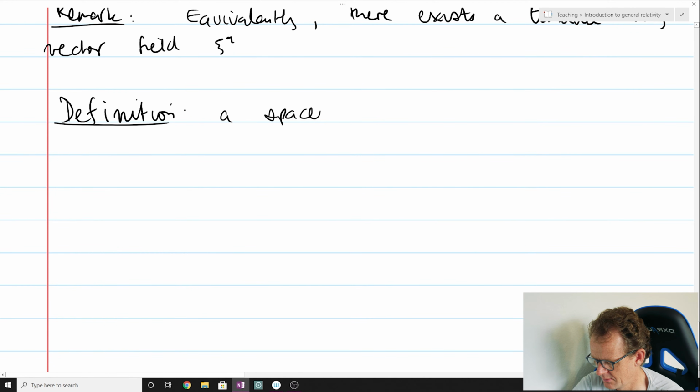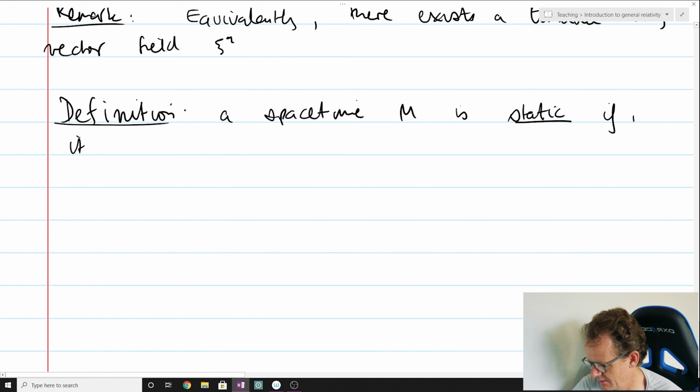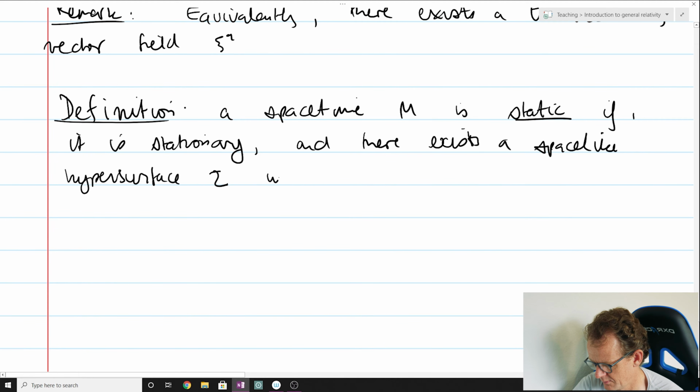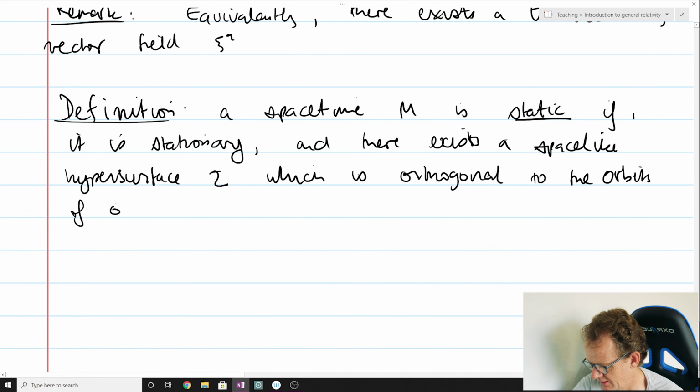A spacetime M is static if it is stationary and there exists now some additional structure, namely a space-like hypersurface which is orthogonal to the orbits of this isometry group.